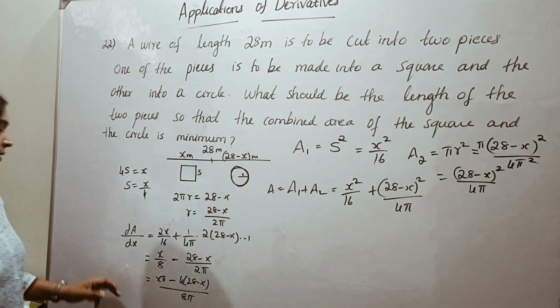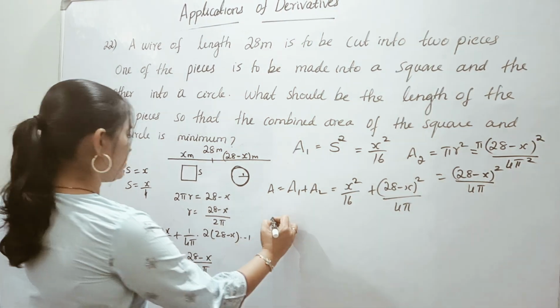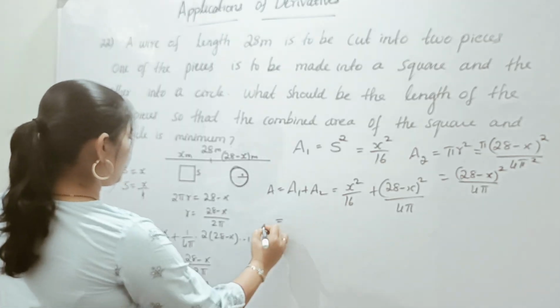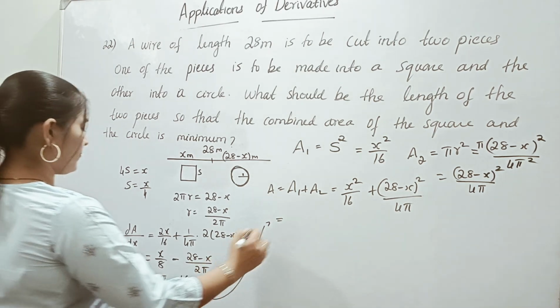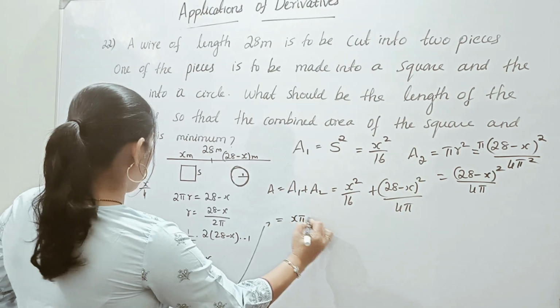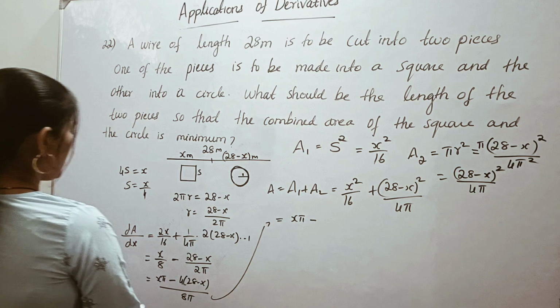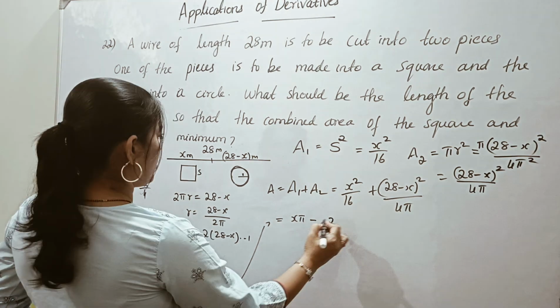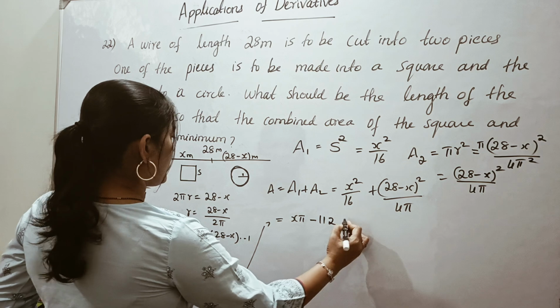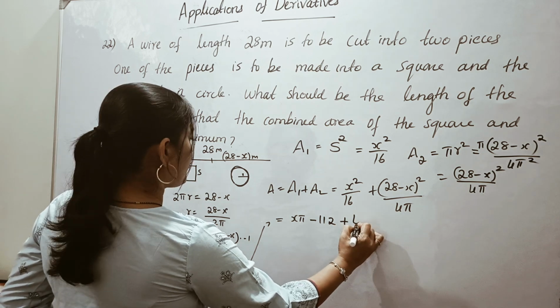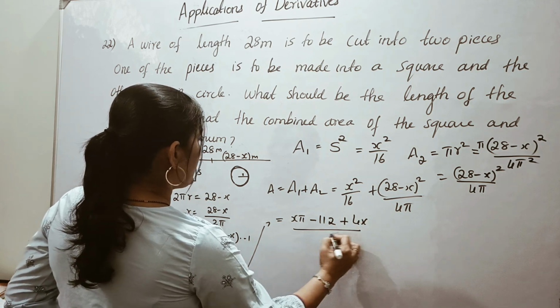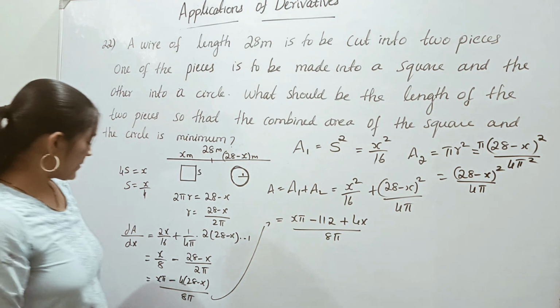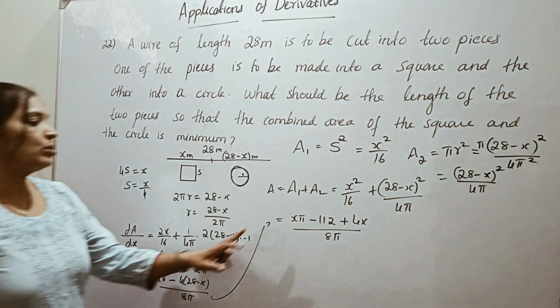That is equal to x pi minus 4 8s are 32, 112 plus 4x, divided by 8 pi. So dA by dx is equal to this one.